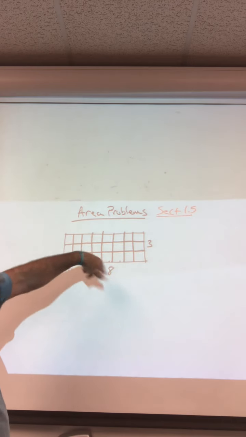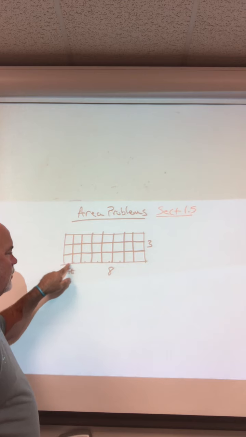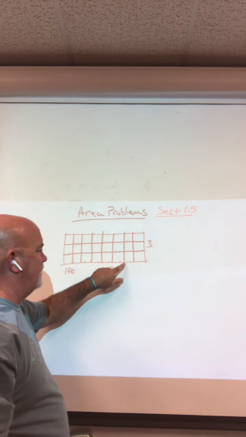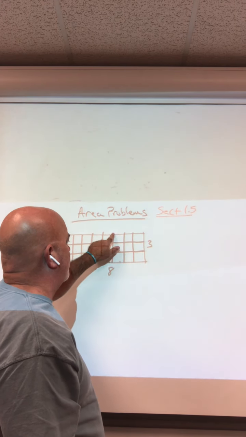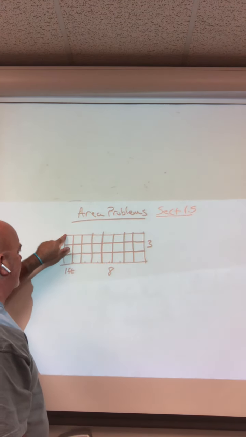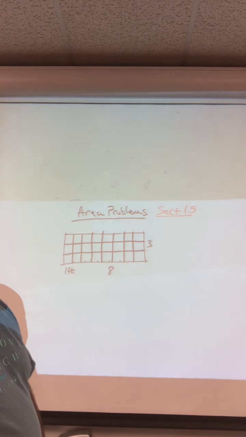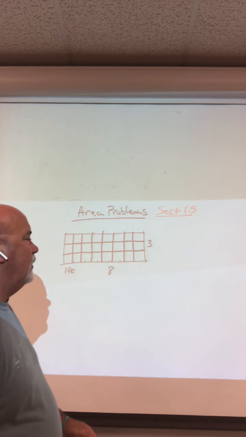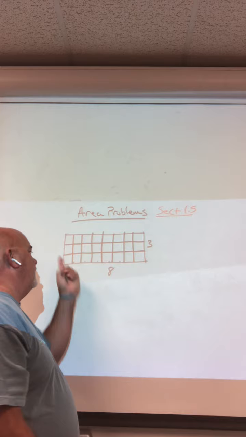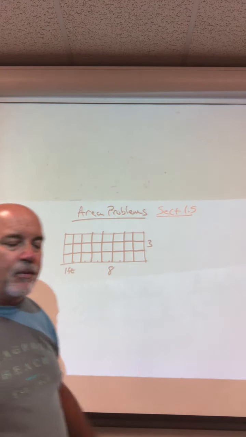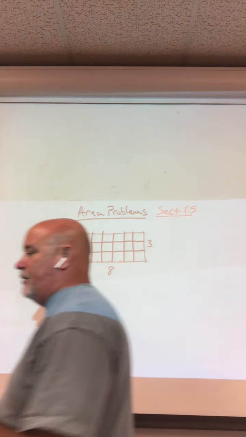So it would be 22 steps all the way around it. Or you could have just said 8 plus 3 plus 8 plus 3, which is 22 feet. So the perimeter of this rectangle is 22 feet. That's how far it is all the way around it.